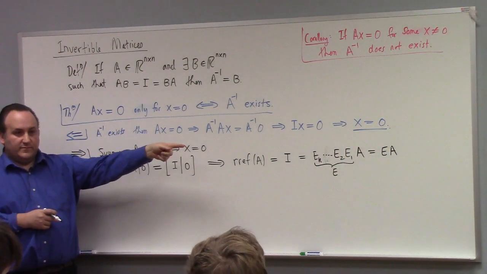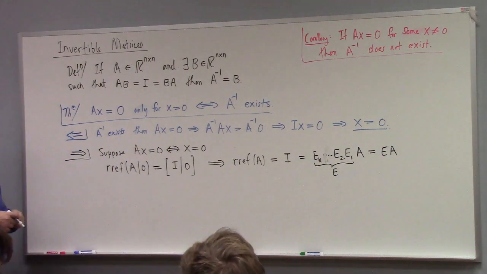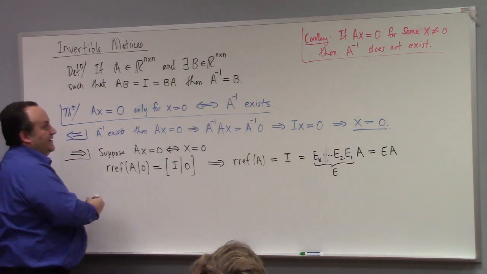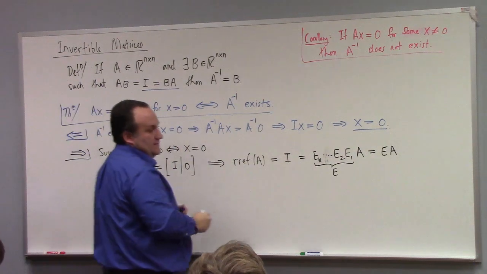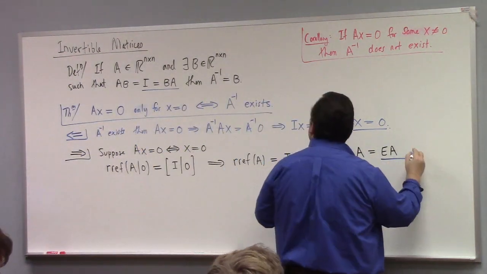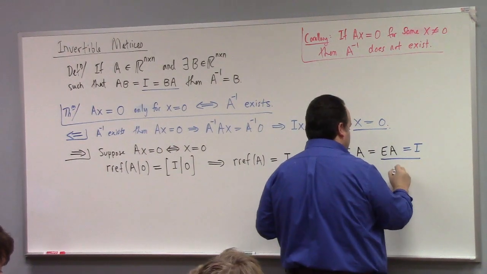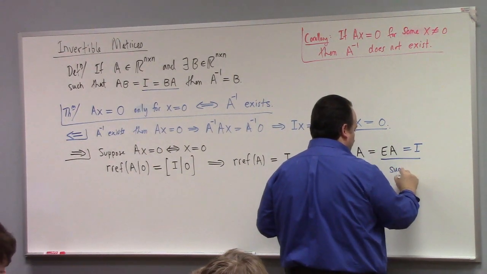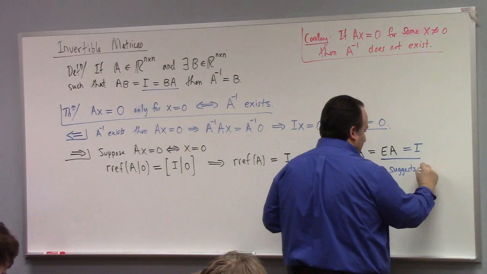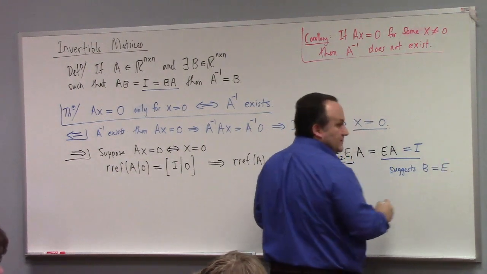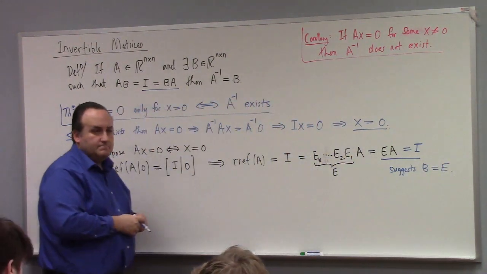That's the pattern, right? So what are we going to claim? See that, guys? This suggests that B we should set equal to E. All right?